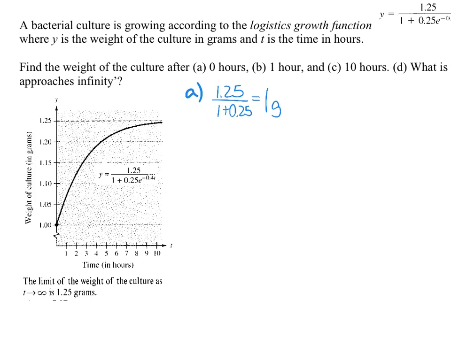Then for B, after you plug in 1 hour, we'd have 1.25 over 1 plus 0.25 e to the negative 0.4 power.